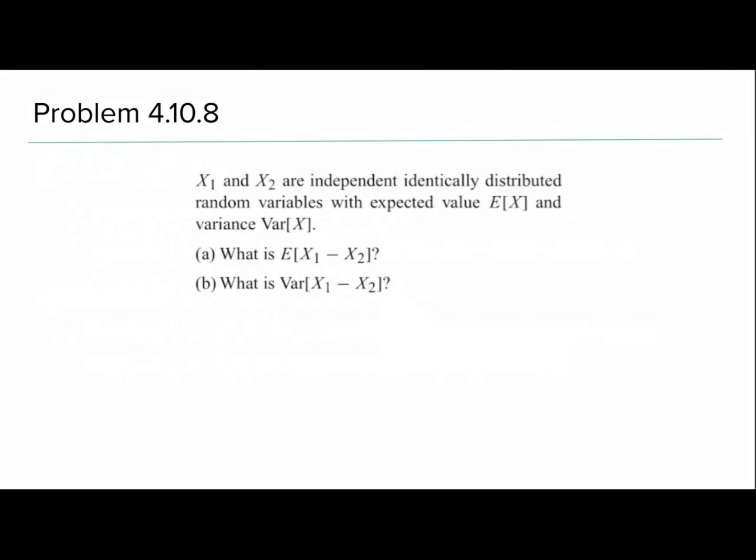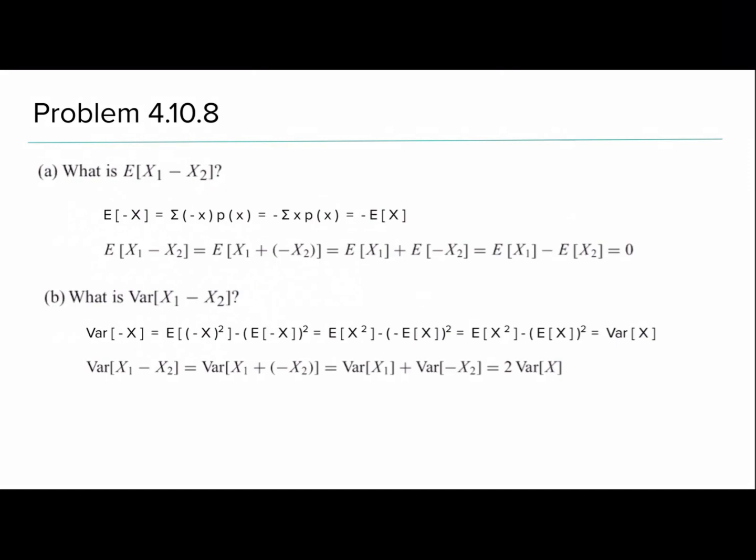Moving forward to the next question, we have x1 and x2 as independent identically distributed random variables with expected value E of x and variance of x, and we have to find E of x1 minus x2 and variance of x1 minus x2. This question is quite easy.